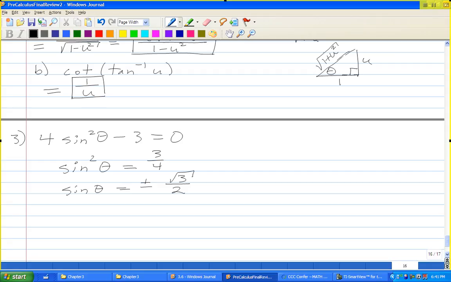So let's do this again. Pi over 6, pi over 3. 30, 60, 90 triangle.